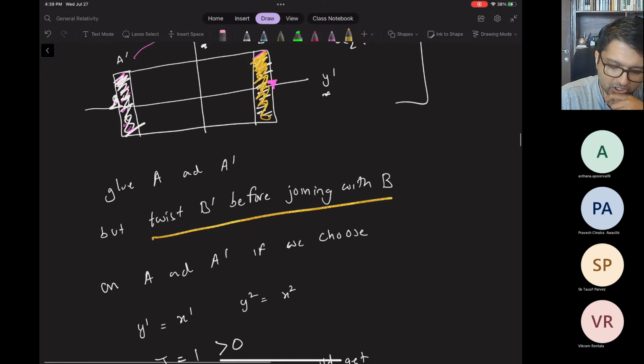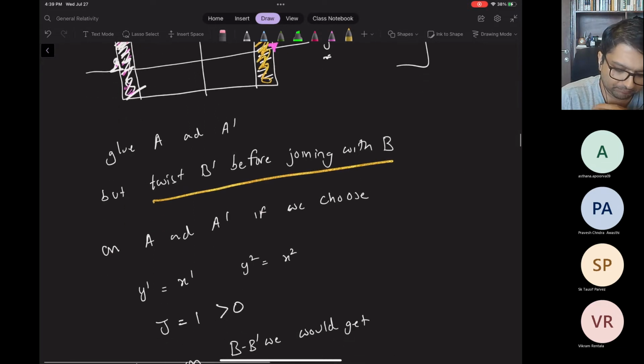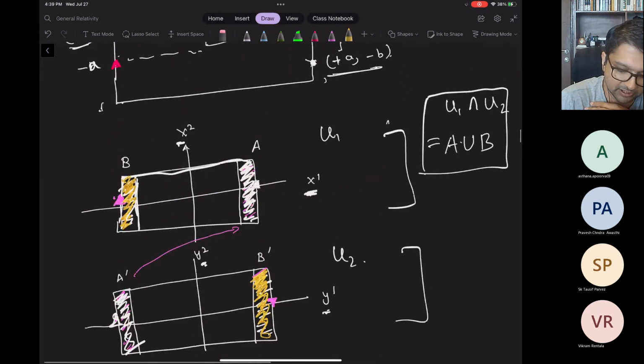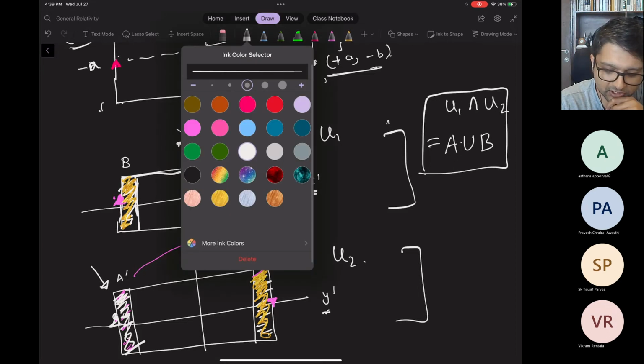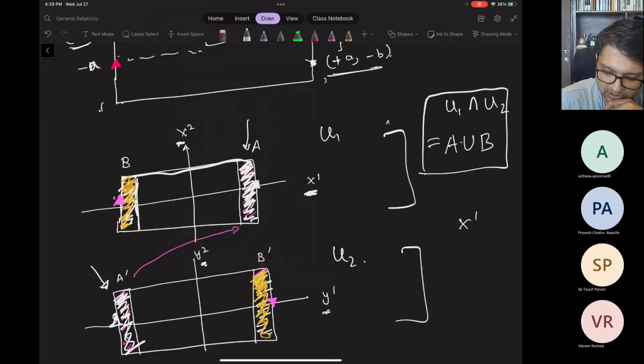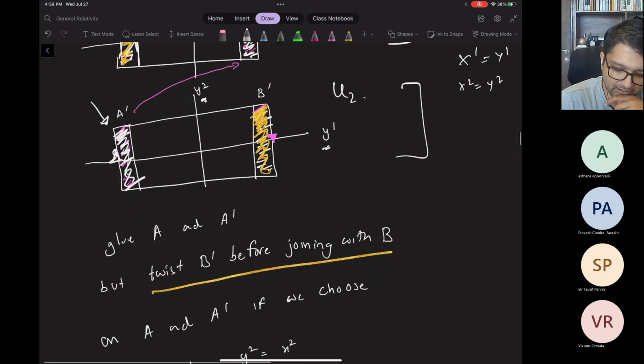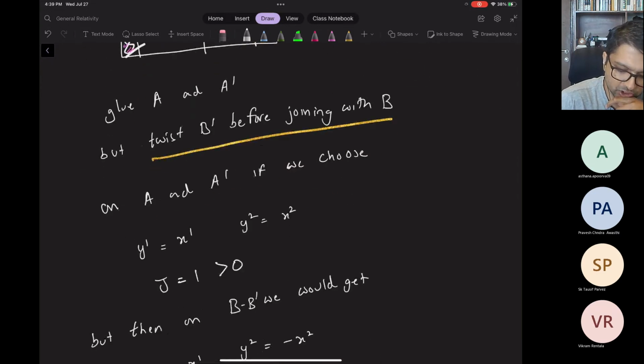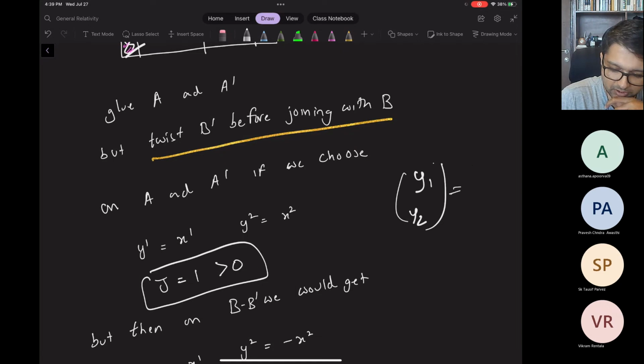Now on A and A prime, that is on these regions, we have chosen our coordinates in such a way that x1 is equal to y1 and x2 is equal to y2, because they're smoothly glued when you glue them together. And so the Jacobian obviously in this case will be 1, which is greater than 0, because (y1, y2) is equal to the identity matrix times (x1, x2).